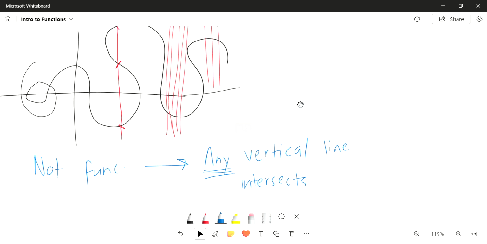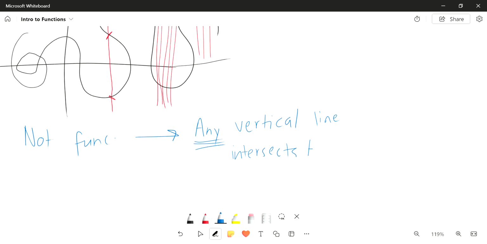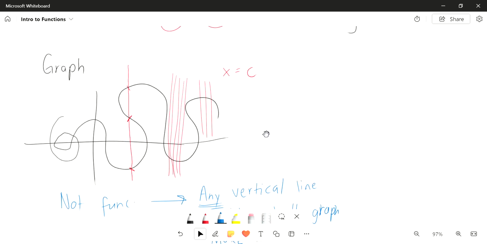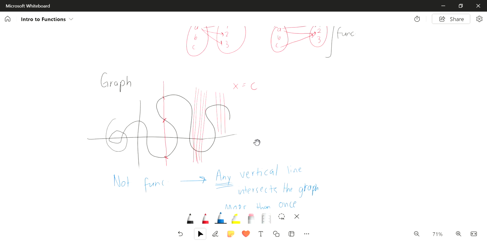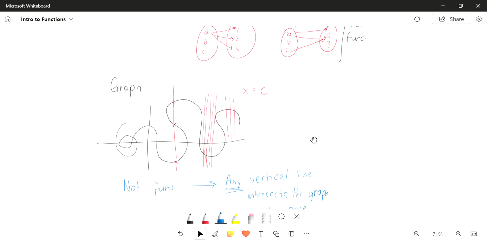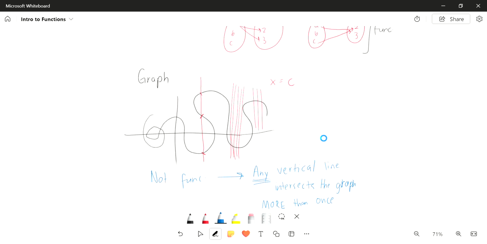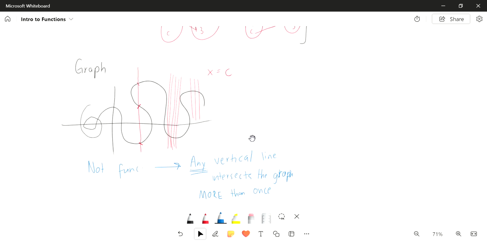It's like they meet, basically, the graph more than once. So if it intersects the graph once for all possible values of x, that's fine. But if it intersects more than once, that's not a function. If it doesn't intersect at all at certain points, that is something that you'll see in more advanced algebra.